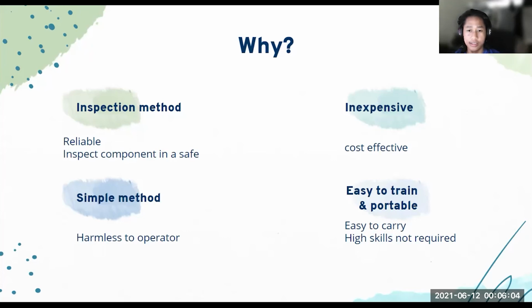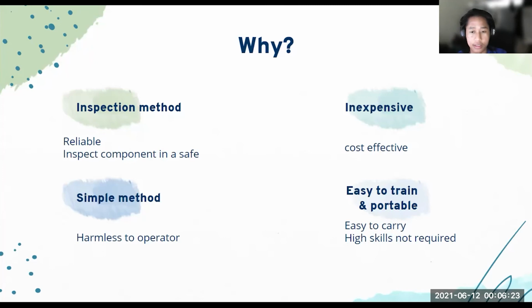Lastly, it is easy to train and portable. What I mean about portable is the part that needs to be used in NDT is easy to carry because it is small and highly portable.